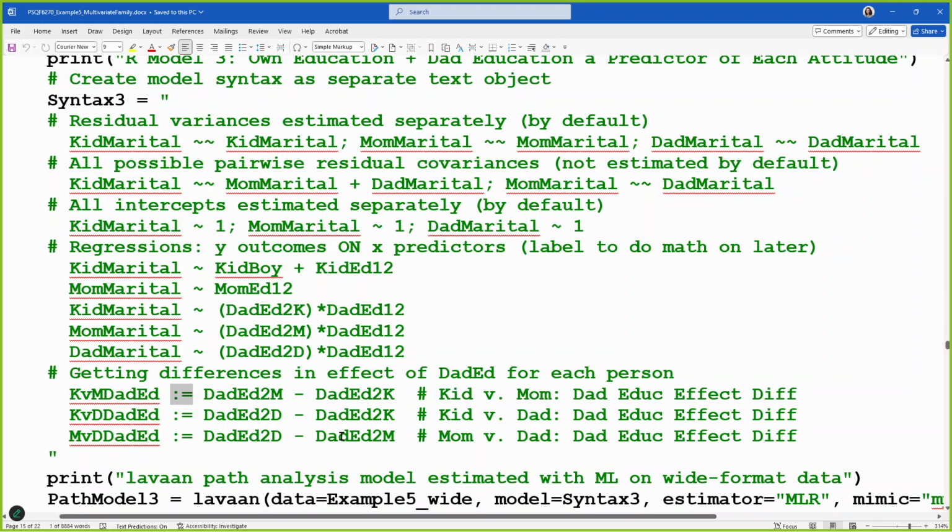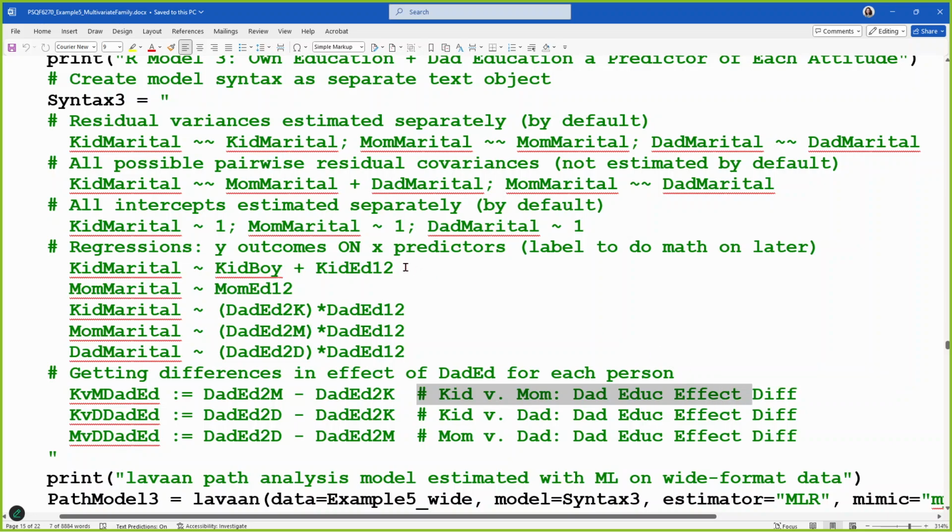This is analogous to GLHT, but it's doing it through labels rather than places in a series of parentheses with zeros and ones, like you're used to seeing. This requires you to actually label the thing you want it to do math on and then tell it what math you want to do. So this is a contrast of how big this slope is relative to that one, as labeled by the comments out here.